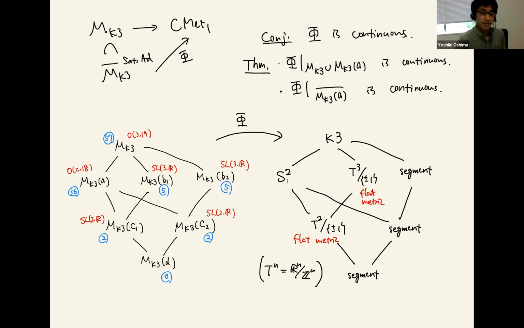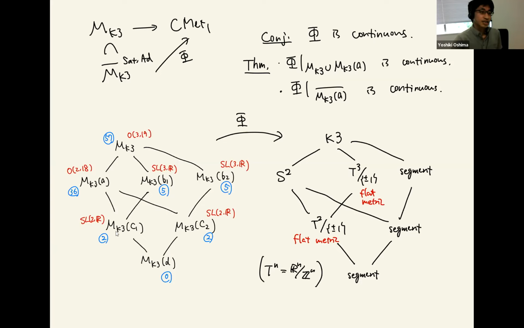We can define S2 with the Macri metric. And for MK3B1, we take a flat 3-dimensional real torus modulo multiplication by -1. Such flat 3-dimensional tori are parameterized by the locally Riemannian symmetric space of SL3R.